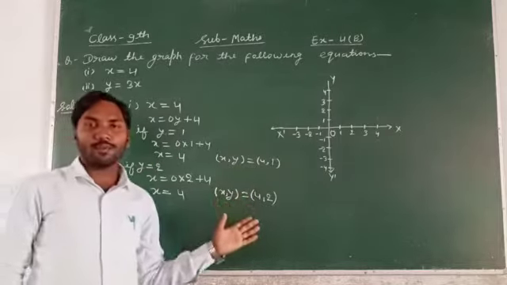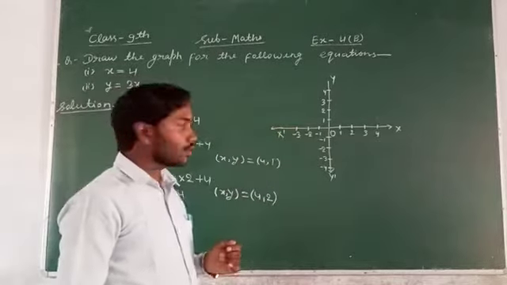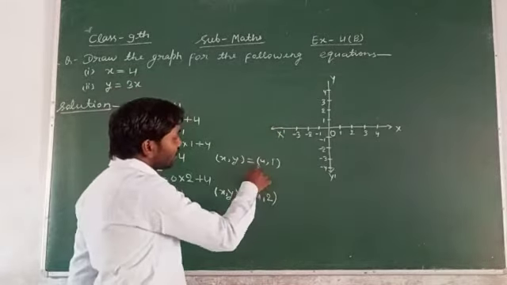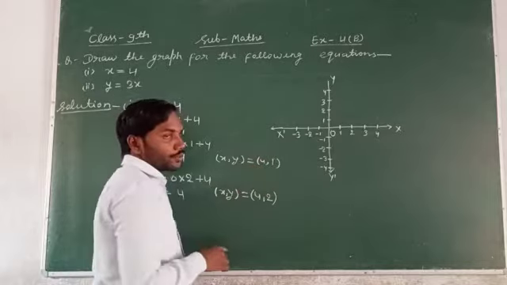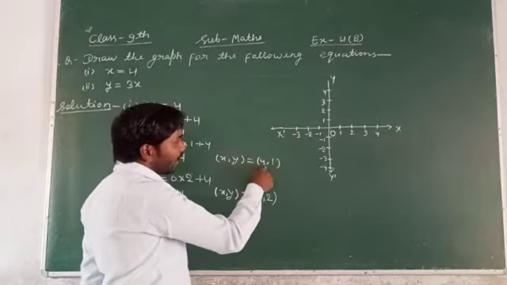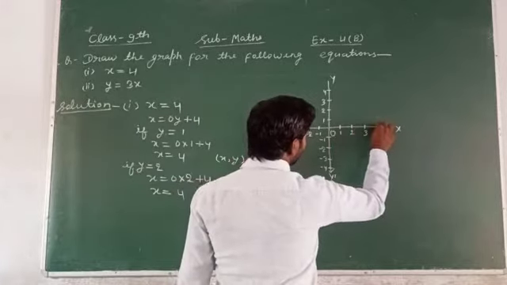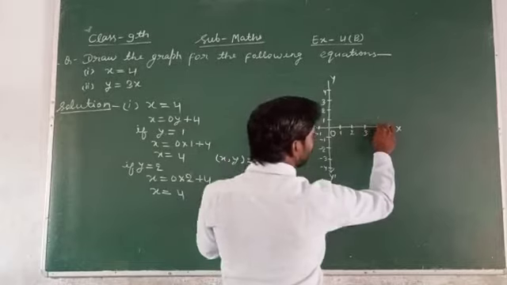So now we will plot the coordinates in the given graph. First of all we will put (4, 1), where 4 is the value of x. So it will be till here, 4, and y.